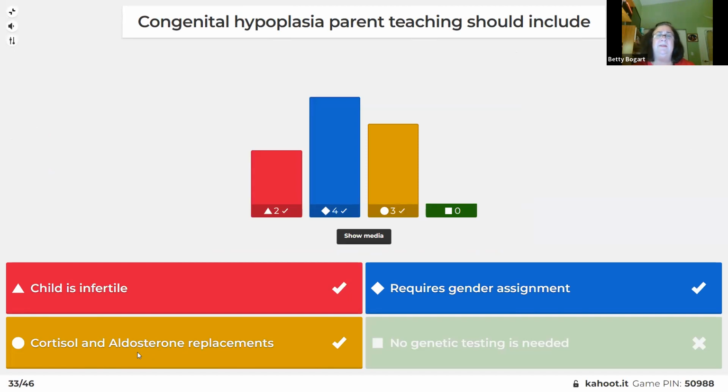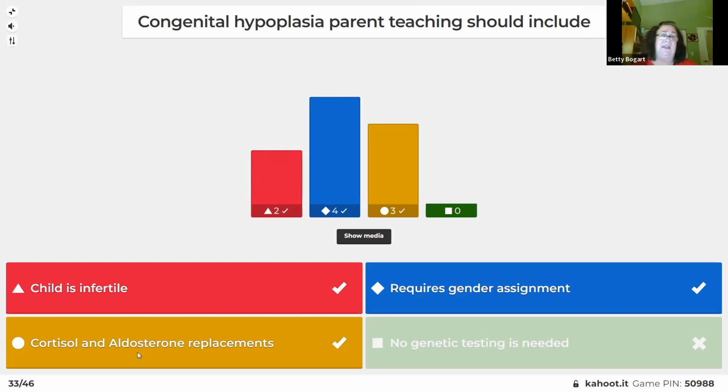And what happens is a child can be born with, let's say, an enlarged clitoris and a testicular sac, or it could have a penis and a vagina. So now what do we do? Well, this child will never have babies. They're infertile forever because they don't have the complete set of anything.